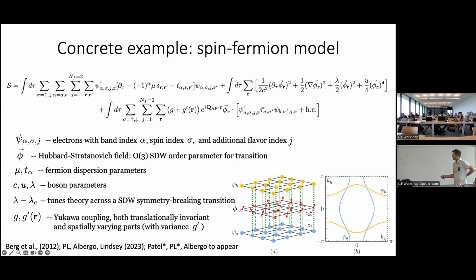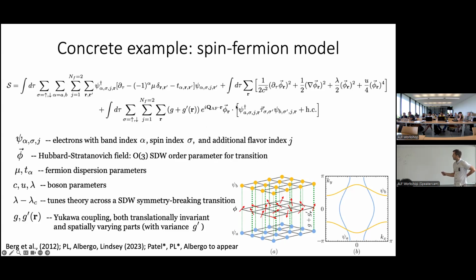They have Fermi surfaces shown in this figure, the two different bands being the two different colors. They interact with some boson, phi, which is your Hubbard-Stratonovich field. This boson is a 3-component order parameter for a spin density wave transition.